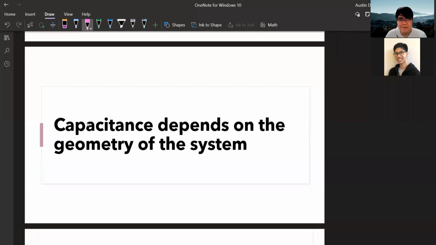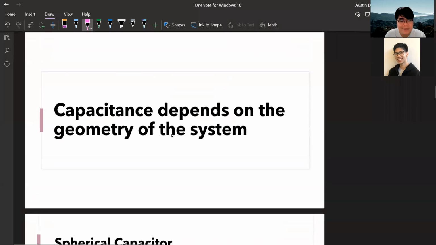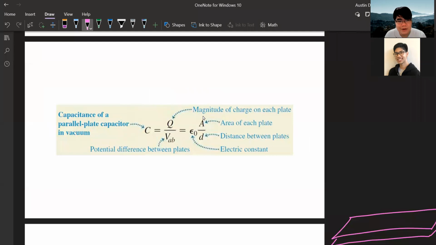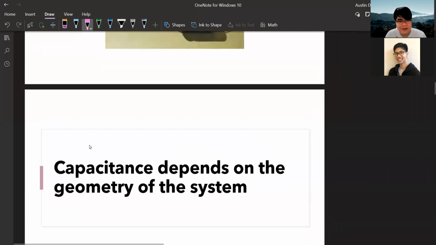Capacitance depends on the geometry of the system, meaning the distance between the plates, how large the area of the plates is, and the shape of the plates, whether circular or whatever.